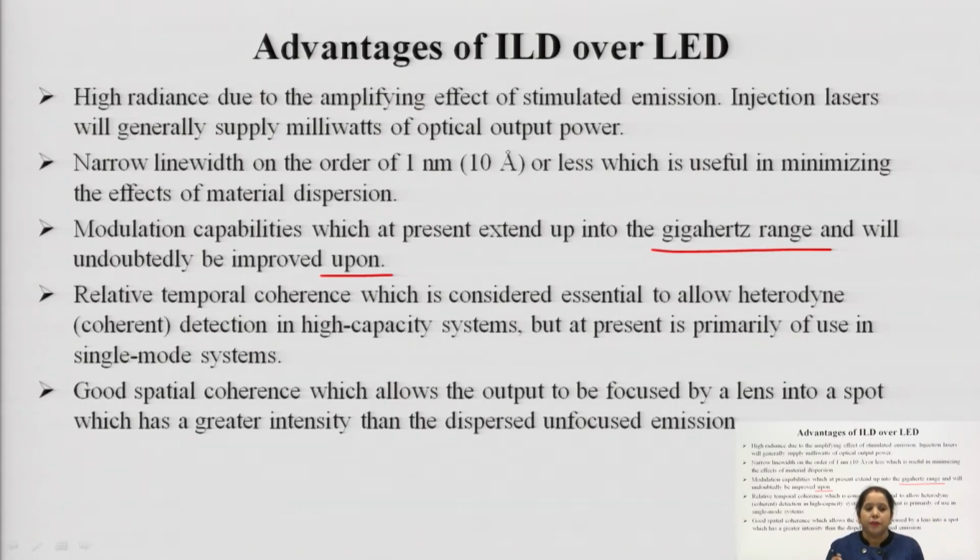This is the general meaning of modulation in layman's language. So, the modulation capability that generally exists in the case of an optical fiber is in the gigahertz range, but in the case of an injection laser we can improve this. So, this is again a major advantage, because the modulation capability of a system gets improved due to the presence of the injection laser.